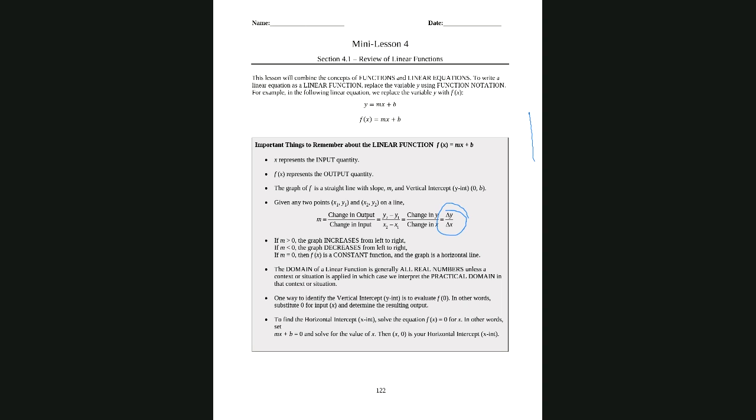Now, what we have to also remember is that when m, or the slope, is greater than 0, the graph increases from left to right. When it's less than 0, the graph decreases from left to right. Remember that in lesson 1, I talked about the fact that we read these graphs from left to right, like reading a book.